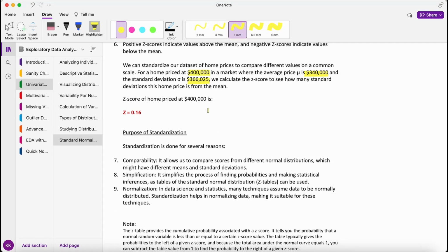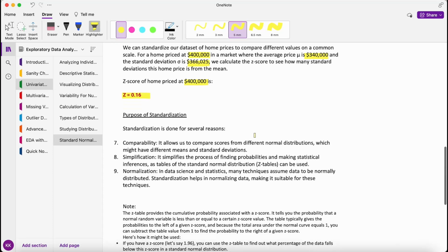As a result, the z-score is around 0.16. A z-score of 0.16 means this home's price is 0.16 standard deviations above the mean price for the neighborhood. Positive z-scores indicate values above the mean, while negative z-scores indicate values below it.